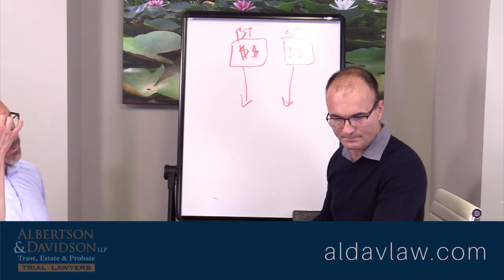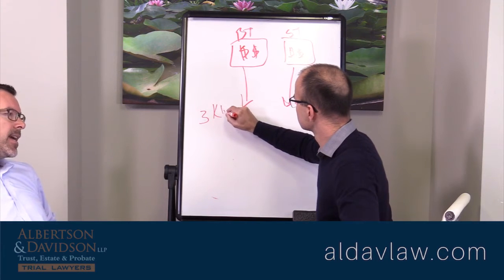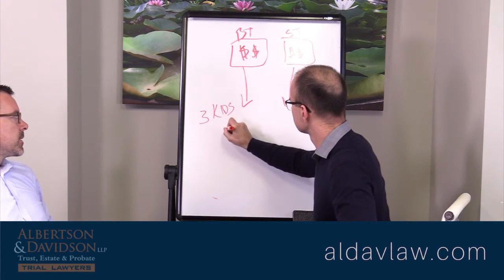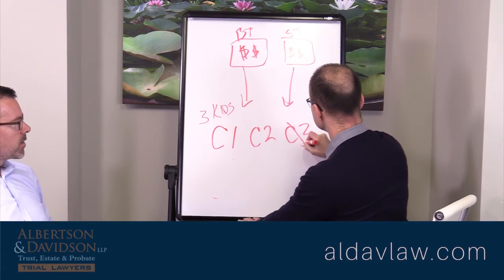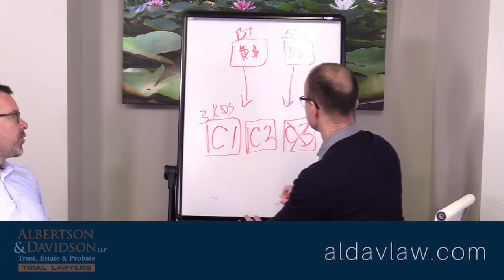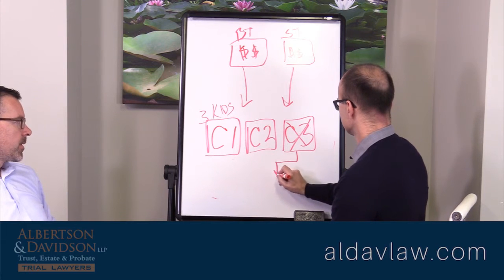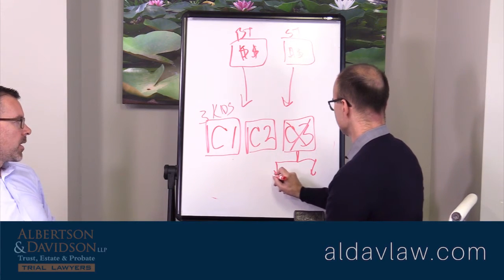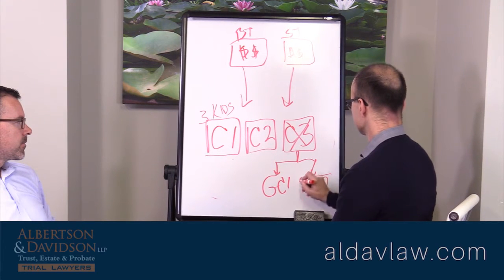So let's say that there were 3 children of the marriage and one child died, say 20 years ago. Okay, so you have child 1, child 2, and child 3, but this child is predeceased. Yeah, died before mom and dad. Okay. But that child, before they died, had 2 children themselves. So these are going to be grandkids. Yes. Okay.